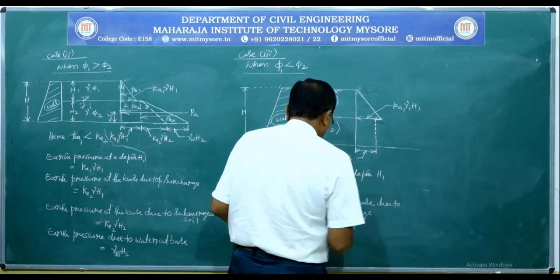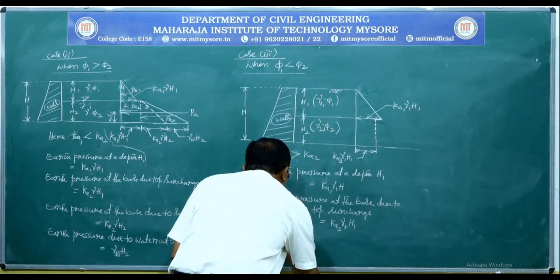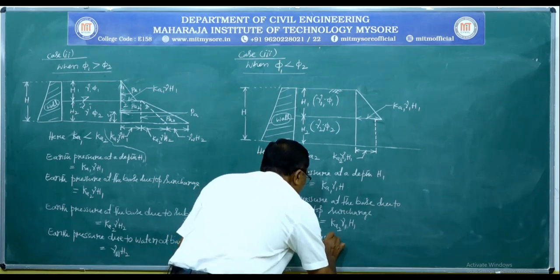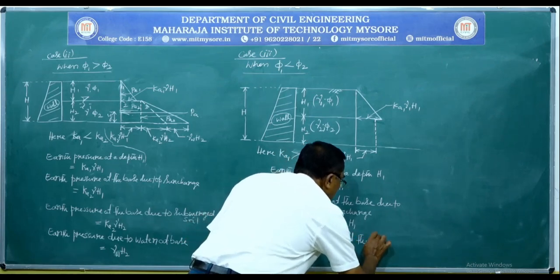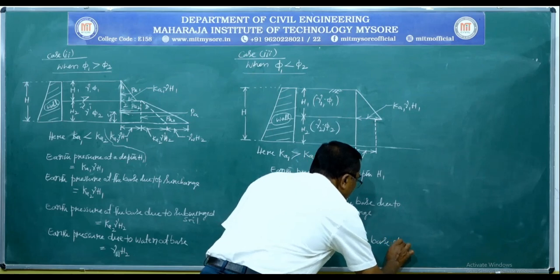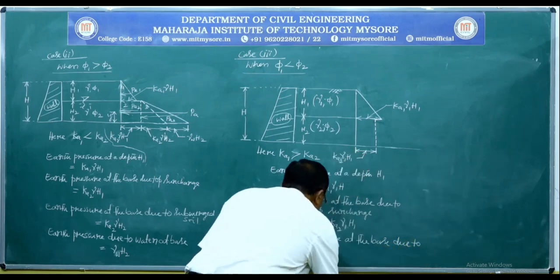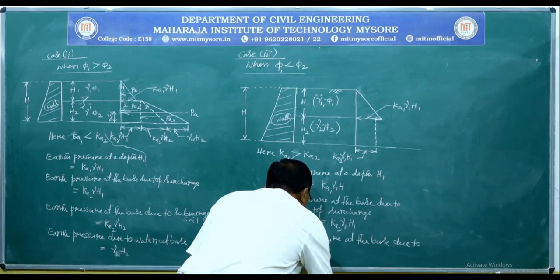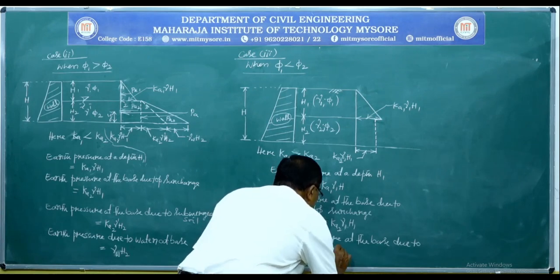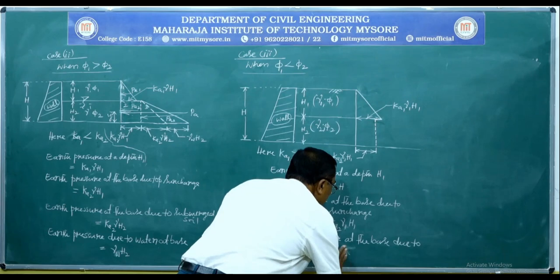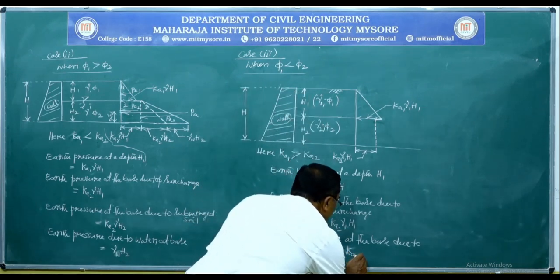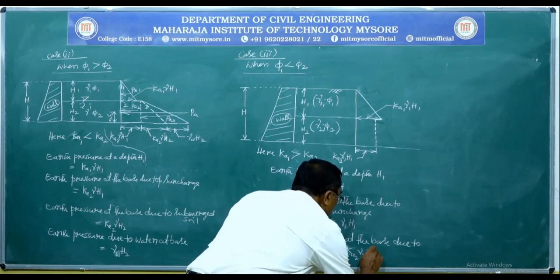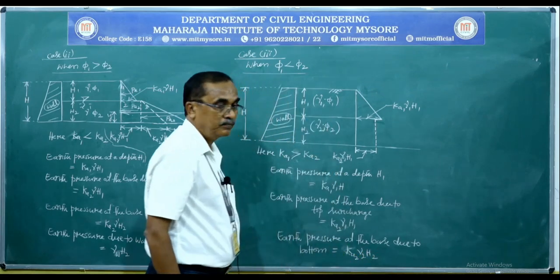Next, earth pressure at the base due to bottom soil, bottom meaning the second layer soil, is equal to Ka2 into gamma 2 into H2.